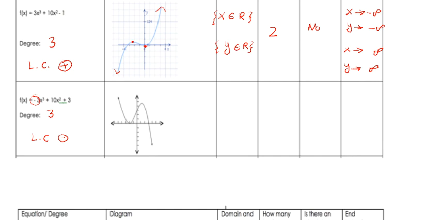Domain: all real numbers. Range is all real numbers. Again, this is one of the cases where you start from positive infinity. Turning points, I can see 2.